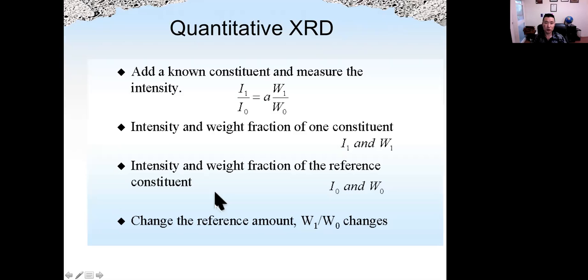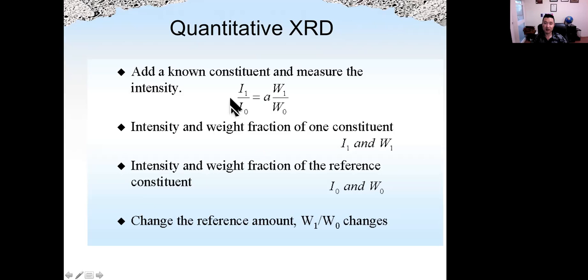Sometimes we can also do a so-called quantitative analysis of XRD, which means we can somehow calculate the percentage for a certain type of compound, by adding a known constituent and measuring the intensity.